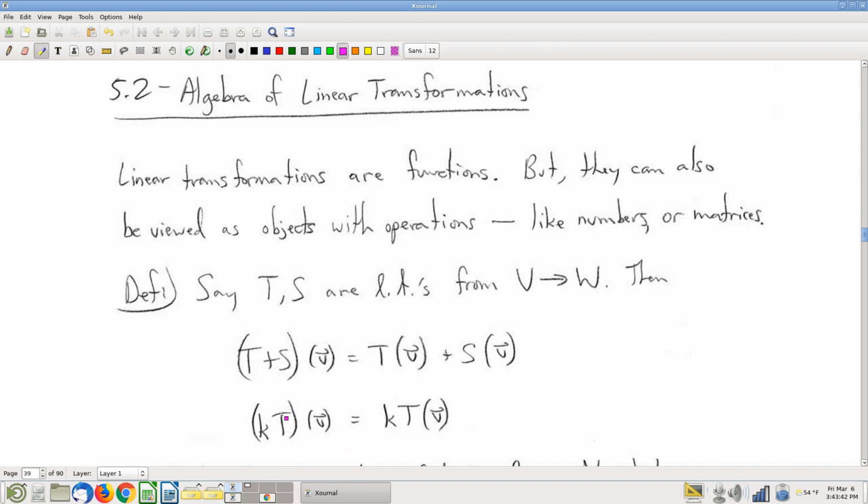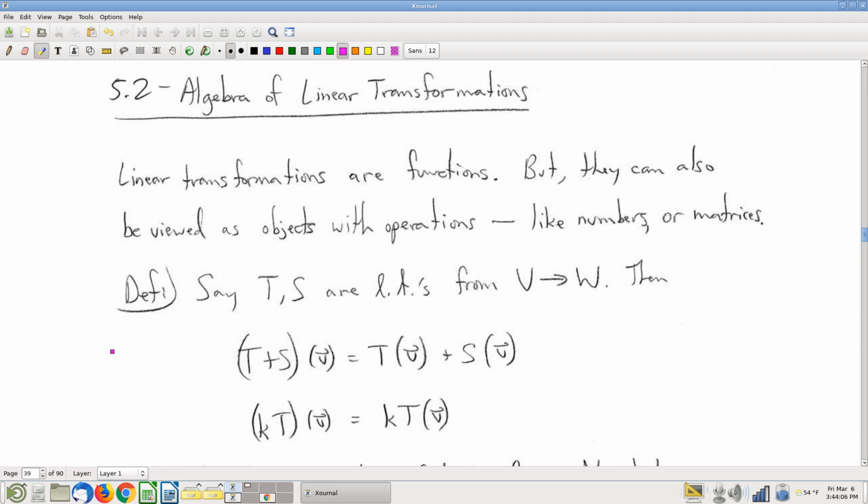So we already have an addition part of our algebra and a scalar multiplication part of our algebra. What we don't have, and can't rip off from previous work, is a formula for how to multiply linear transformations.